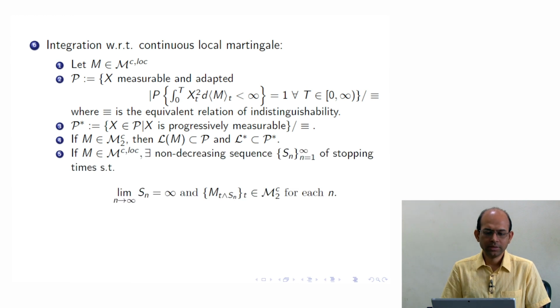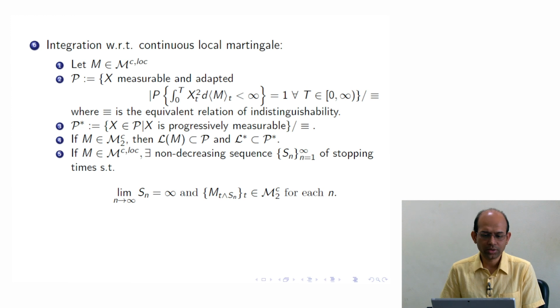If M is in MC-loc, a continuous local martingale, then there exists a non-decreasing sequence S_n of stopping times such that the following result holds: the stopped process is a square integrable continuous martingale.